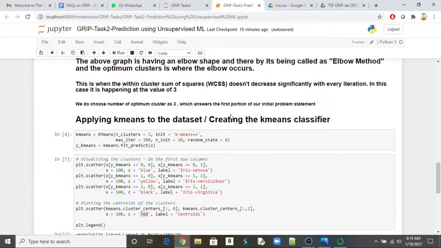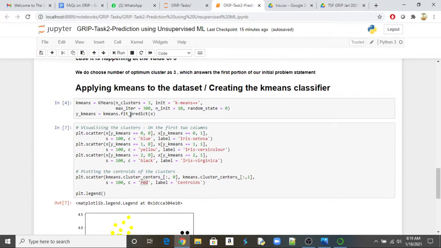Now we have to apply the k-means clustering on the dataset once again, and fit and do the prediction. The second thing is to visualize these clusters. Now we know that we are going to have 3 clusters, so we have to plot them visually. For visualizing, I have used a scatter plot.